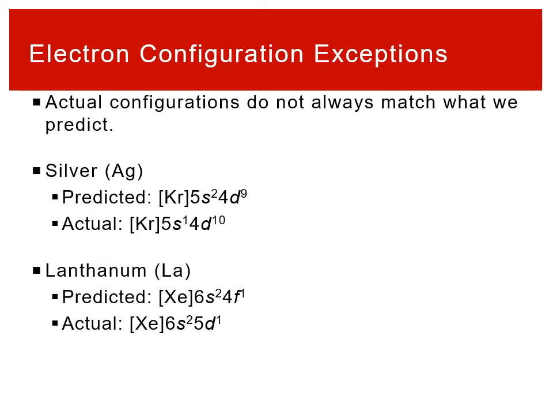I do want to take a little bit of time just to point out that all the electron configurations we've been talking about would be predicted electron configurations. There are examples, because of course there are, where there are exceptions. So silver, for example, we'd predict it to be [Kr]5s24d9. It's actually [Kr]5s14d10. That comes from actual experiments.